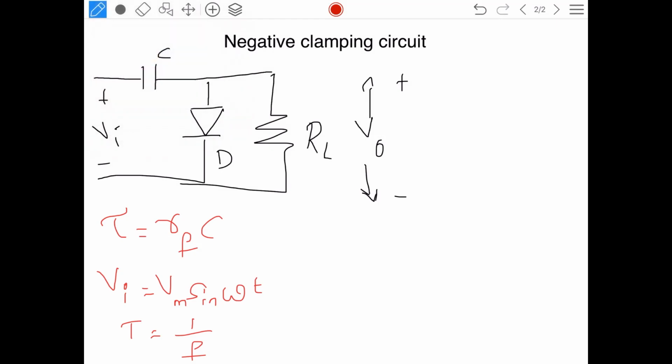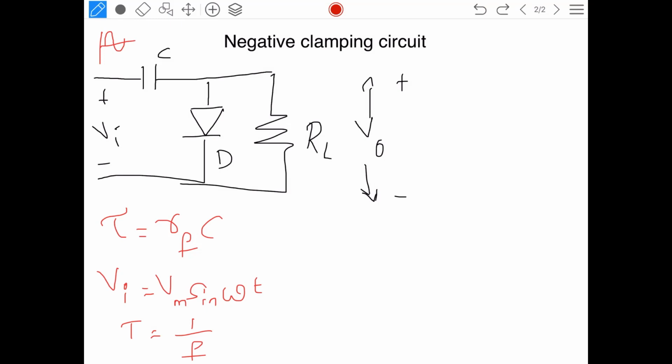Any waveform will have a positive and a negative peak, correct. If this kind of waveform is applied, the diode is forward biased for the positive half cycle, positive to anode, negative to cathode. So the diode conducts in the positive half cycle and will be off during the negative half cycle.